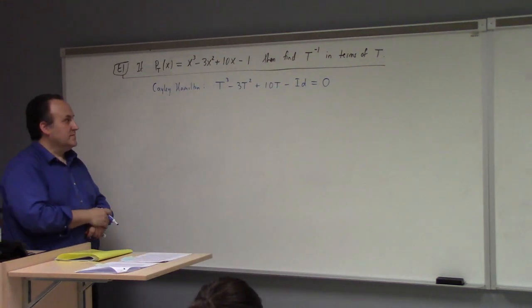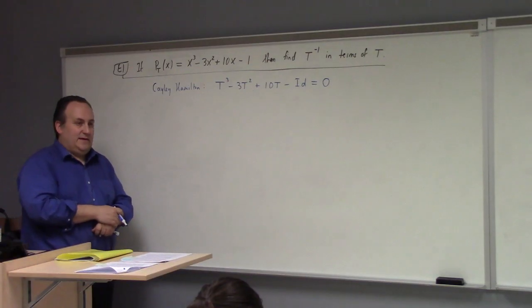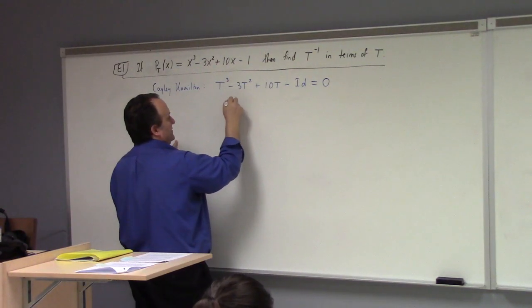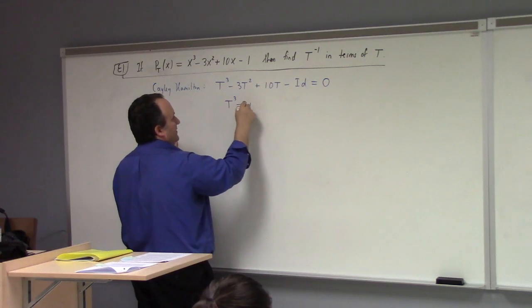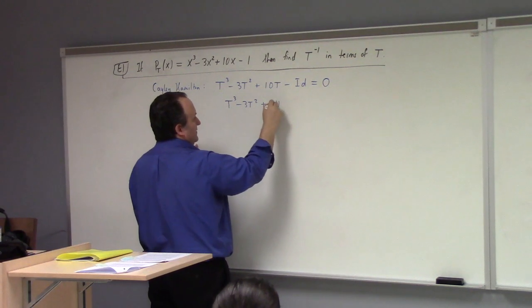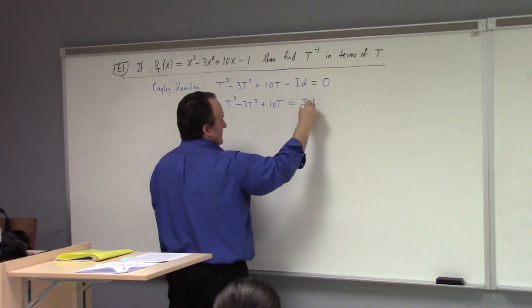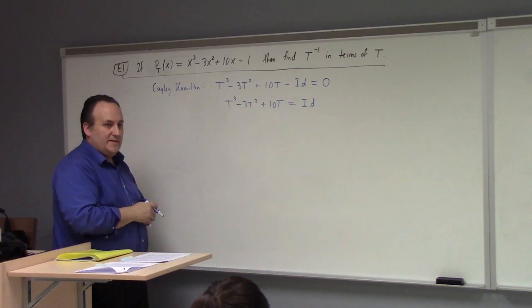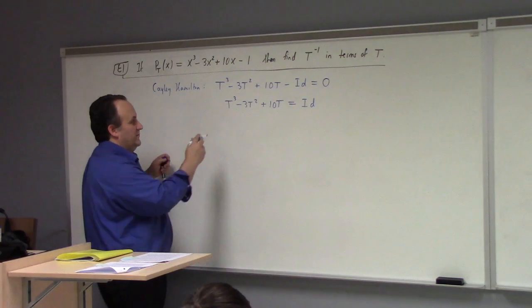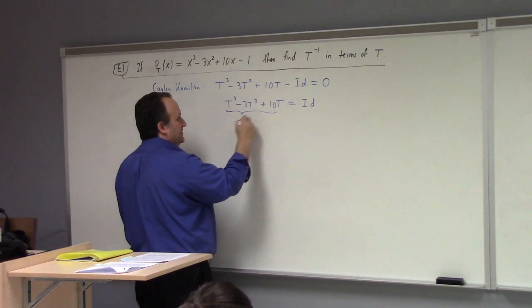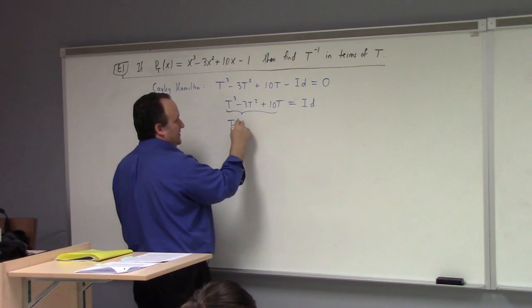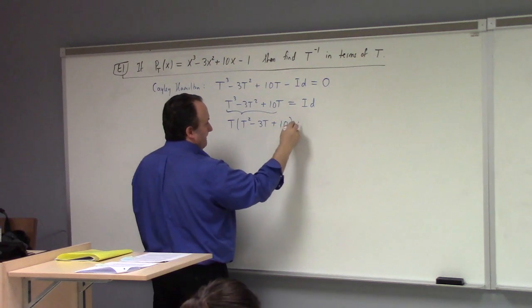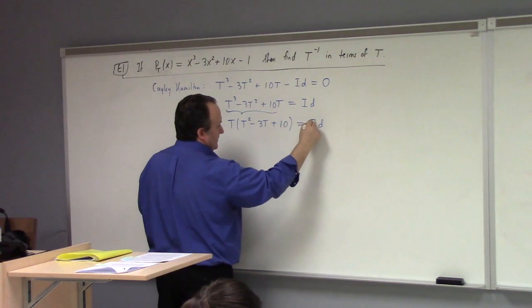So can I find the inverse? Well, yeah, I can. All I have to do is rewrite this as T cubed minus 3T squared plus 10T equals the identity, right? And then what? Well, factor T out. This is T times (T squared minus 3T plus 10) equals the identity.